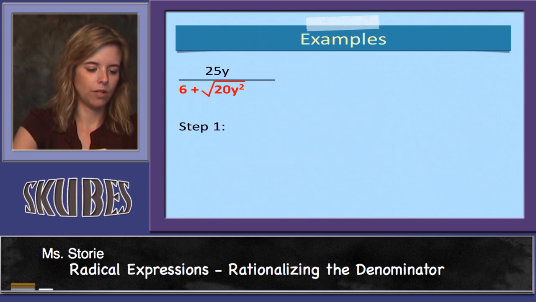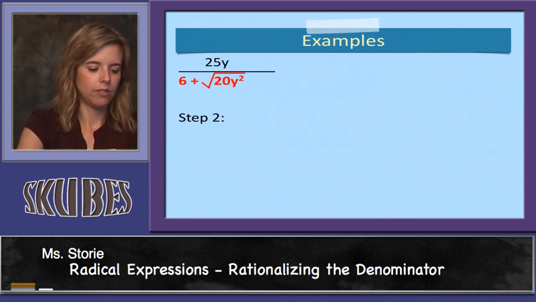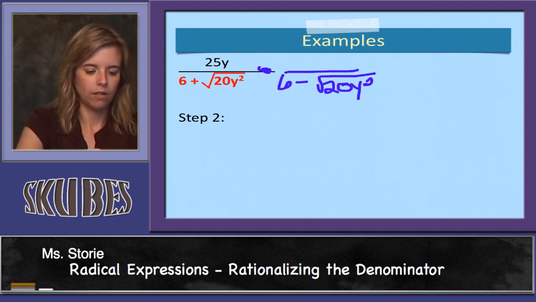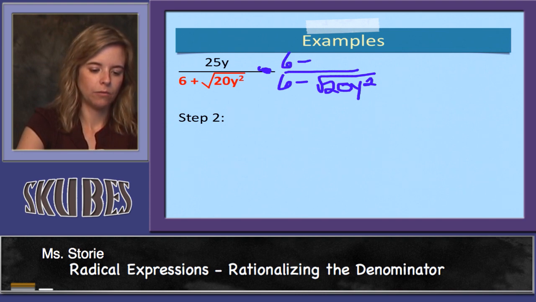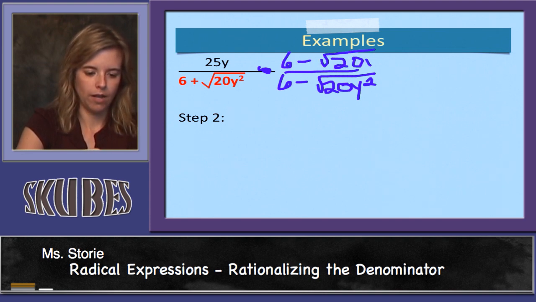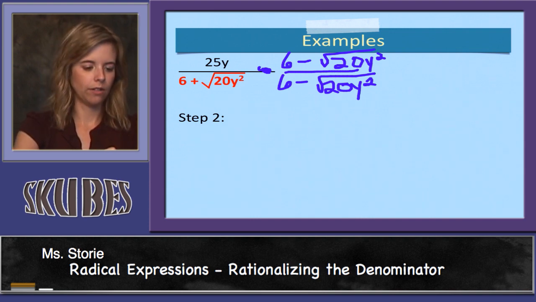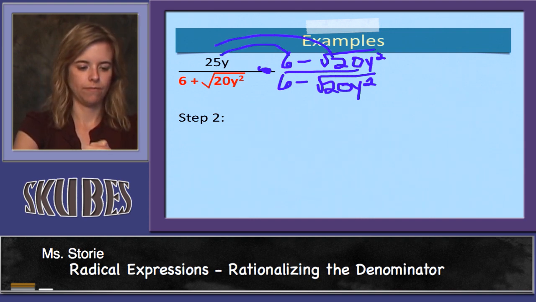Now with step 2, we're going to go ahead and multiply it. So we are multiplying the numerator and denominator by the exact same thing with the different sign, 6 minus radical 20y squared. Let's do the top first, the numerator. All we're doing is a distribution. So 25y times 6.